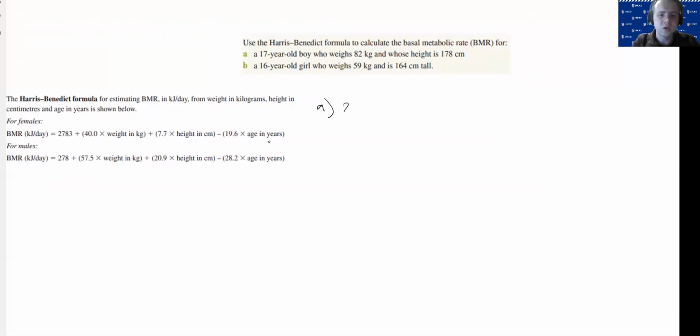So it's going to be 278 plus 57.5 times their weight, which is 82, plus 20.9 times their height in centimeters, which is 178, and then minus 28.2 times their age in years.